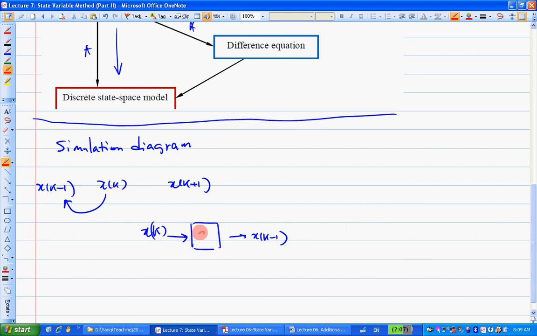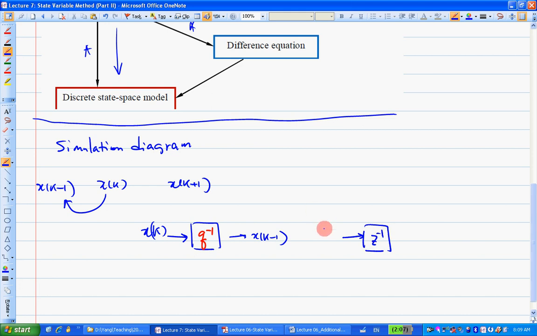One way is to use a q to the power minus 1. The other way, which you usually see and which I use in this lecture, is to use z to the power negative 1.